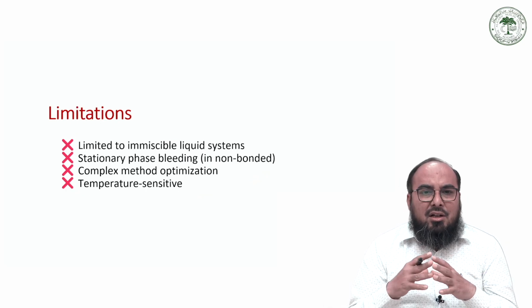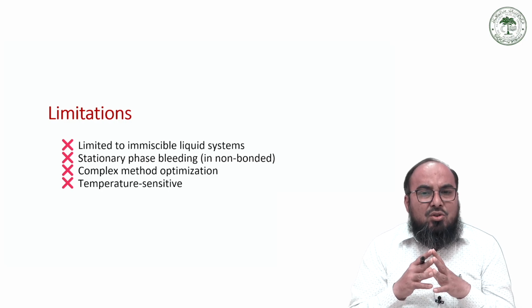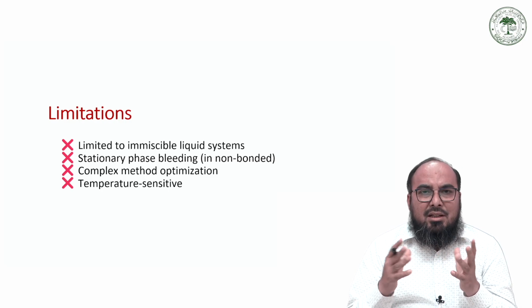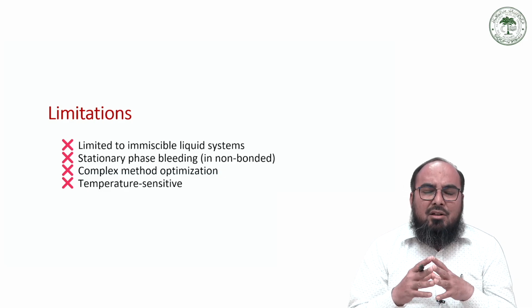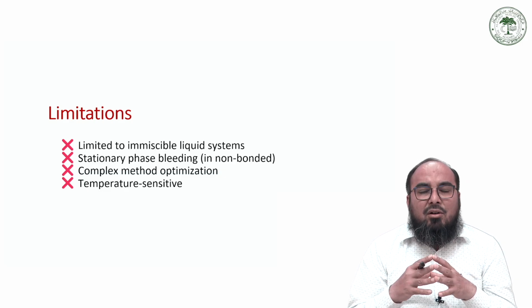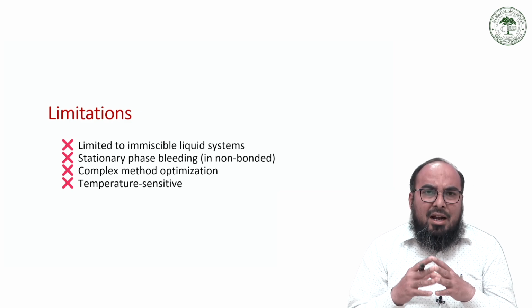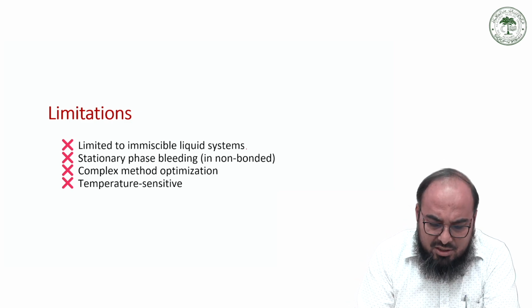Now of course there are certain limitations. It is limited to immiscible liquids, because if the liquids become miscible, then they are going to react and clog, and they lead to inefficient or unidentified separation. So the limitation is there.